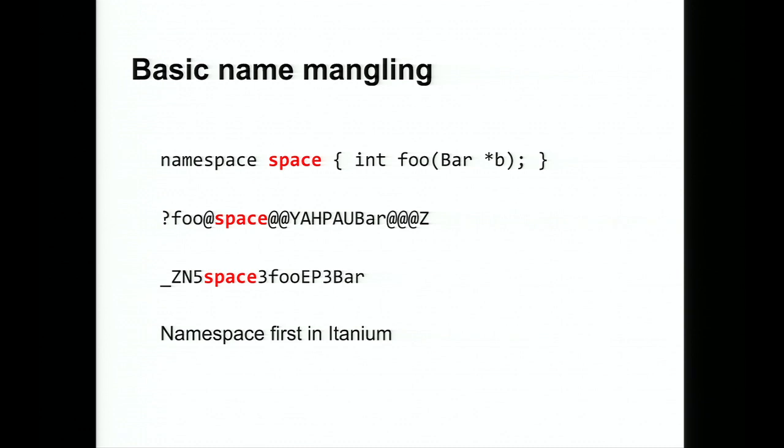Then there are a whole bunch of other basic decisions in the ABI, like we have this symbol, foo, which is inside of a namespace. So we're going to mangle the namespace into the symbol. Where does it go? Well, in the Itanium ABI, you do things from the outermost scope inwards. So the namespace goes first. In the Microsoft ABI, the symbol comes first and the namespace comes afterwards.